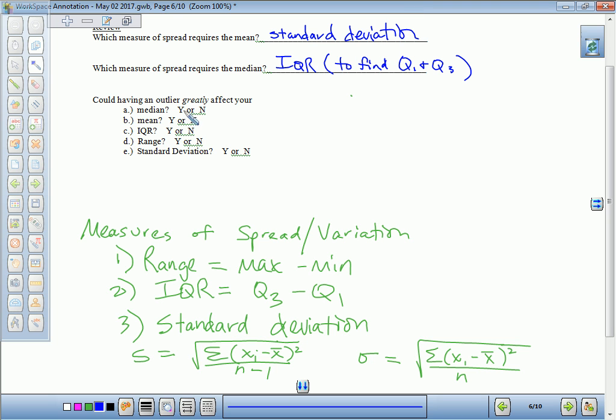The median is not affected by the outliers. But the mean is. So when the median is not affected, then the IQR is not.